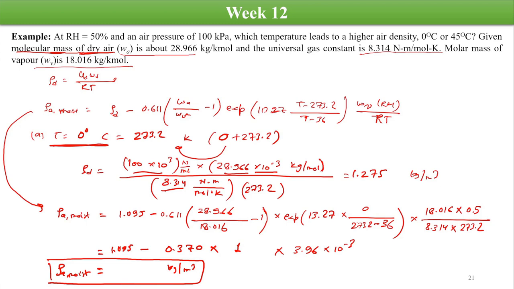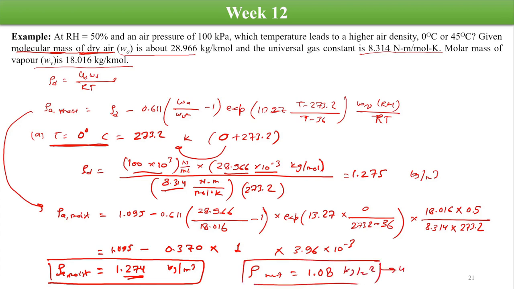So how much are we getting? We are getting 1.274. Okay, so 1.274, and previously we have got rho A moist as 1.084.